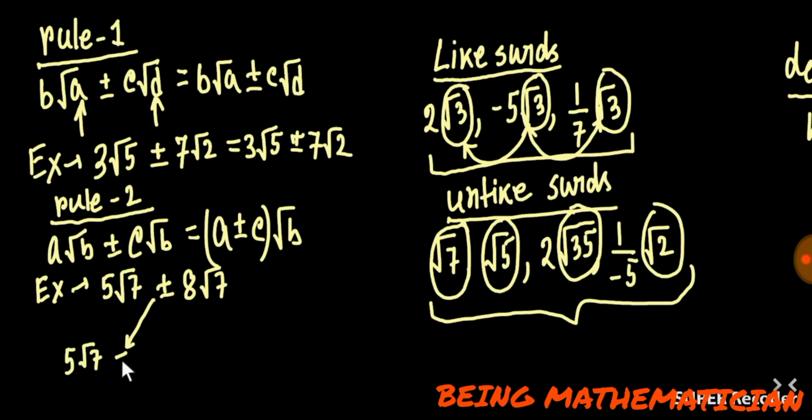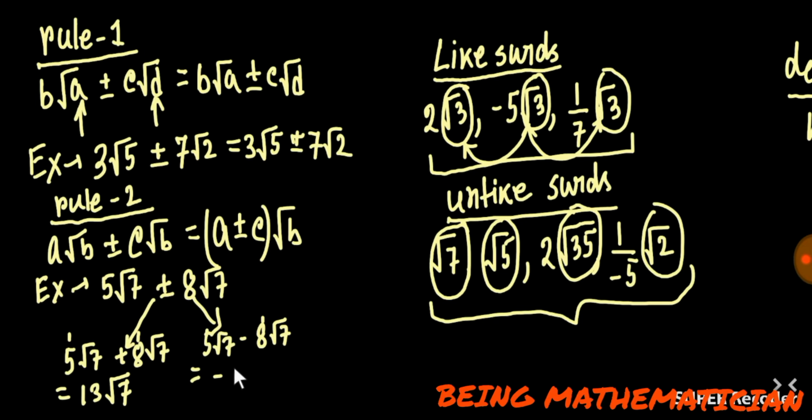First we see the addition, that is 5 is added to 8, that means 13, and root 7 remains the same. And now see the subtraction, 5 root 7 minus 8 root 7. As with addition, 5 minus 8 is minus 3, so it will be minus 3 root 7. Remember, the irrational part of the number remains the same after addition or subtraction.